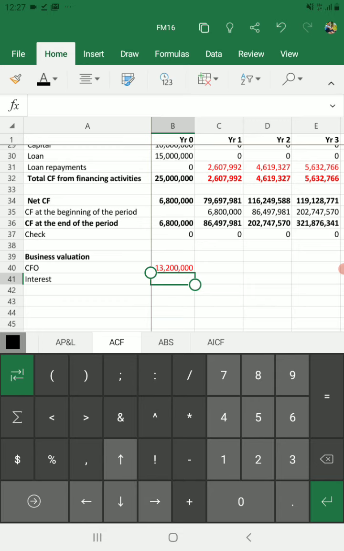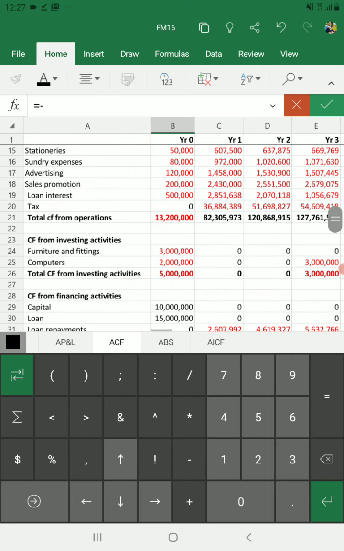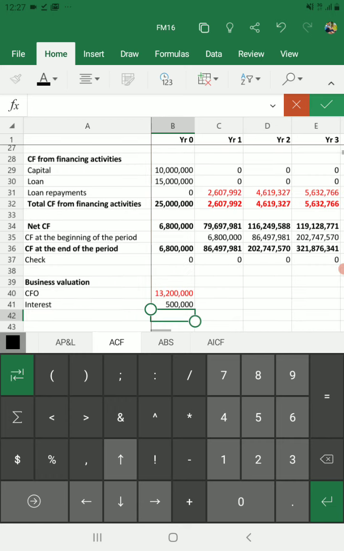To add it back, I start with equal sign and then start with negative sign and then pick the figure for interest, because here it is presented as a negative number because it draws out cash. So I started with negative sign to turn it into positive. Okay.